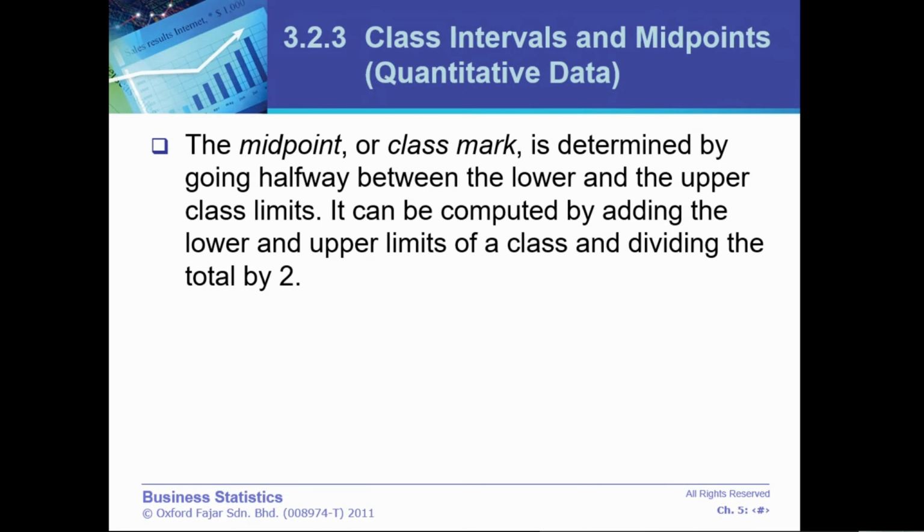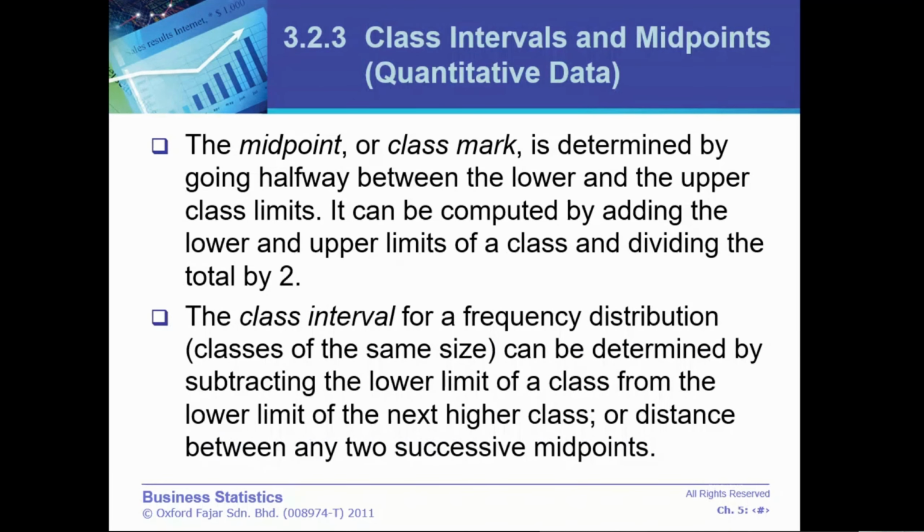Also, the class interval for a frequency distribution with classes of the same size can be determined by subtracting the lower limit of a class from the lower limit of the next higher class, or the distance between any two successive midpoints. So this one we also call the class interval, which is the difference between two classes. And when dividing the quantitative data, sometimes the classes can be the same, sometimes classes can be different.